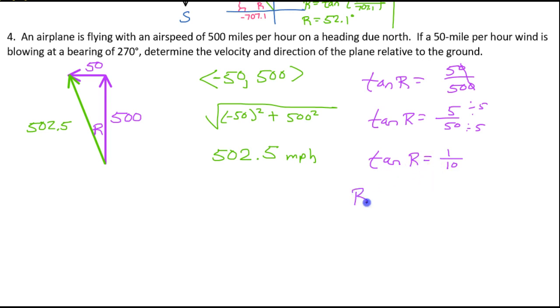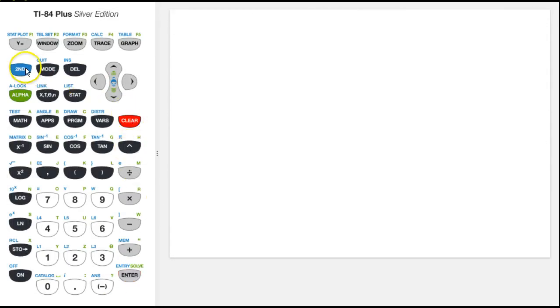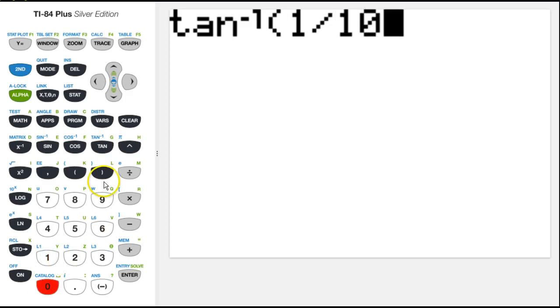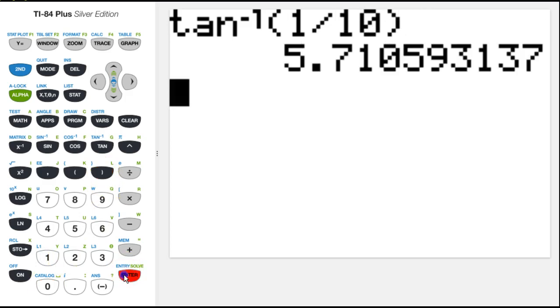Now, R should equal the inverse tangent of 1/10. So let's take a look in the calculator and see what that looks like. Inverse tangent of 1 divided by 10. Okay, I'm getting 5.7 degrees.